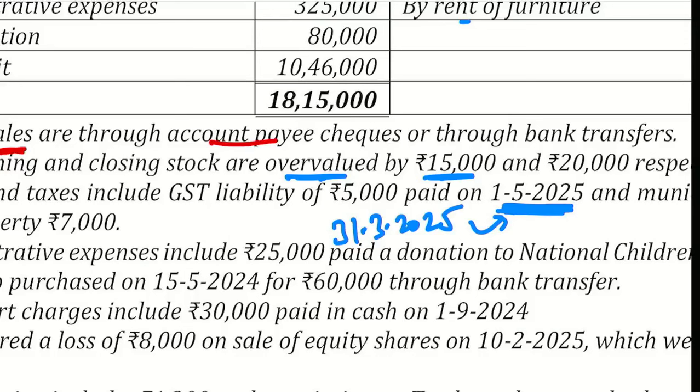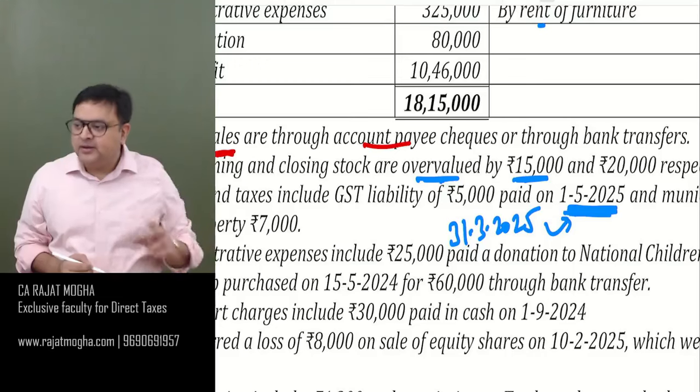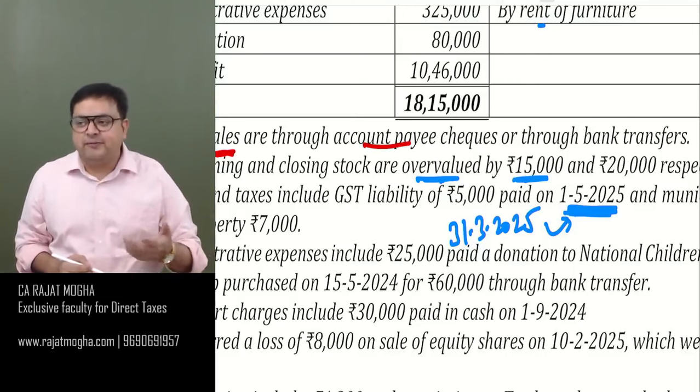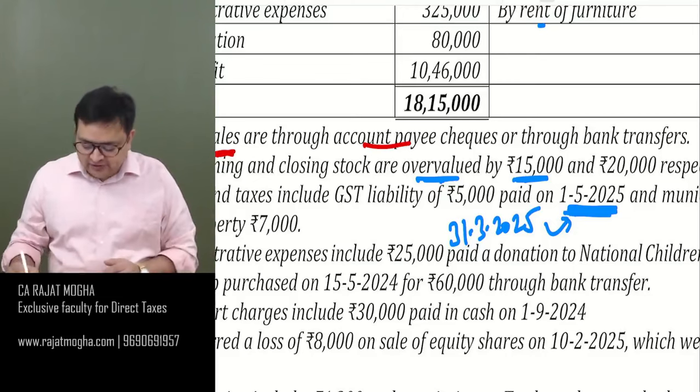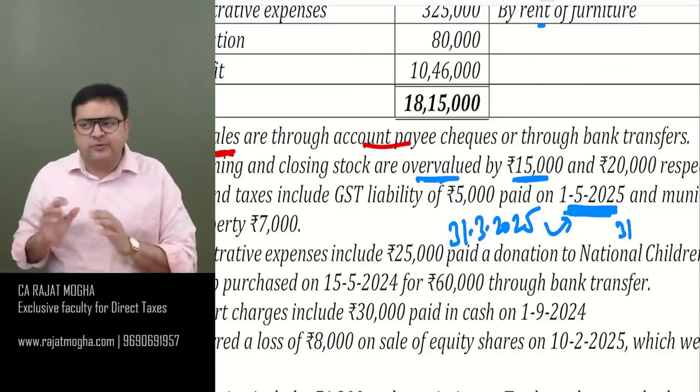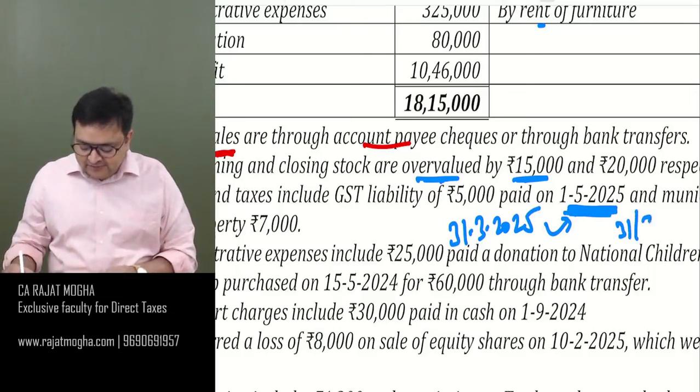Most of you are saying allowed. Correct, allowed, because we allow if we have paid it up to the due date of ROI. If the due date of ROI is 31st July or 31st October, whatever it is, it is paid before it.